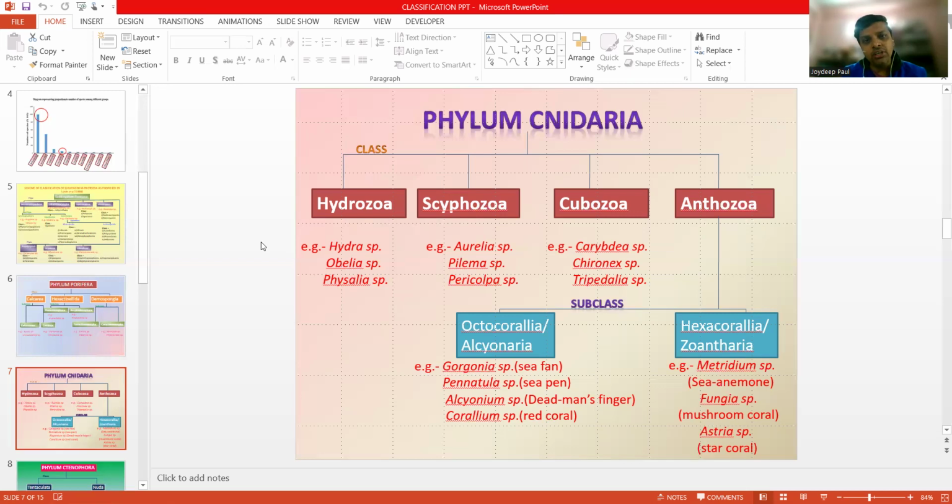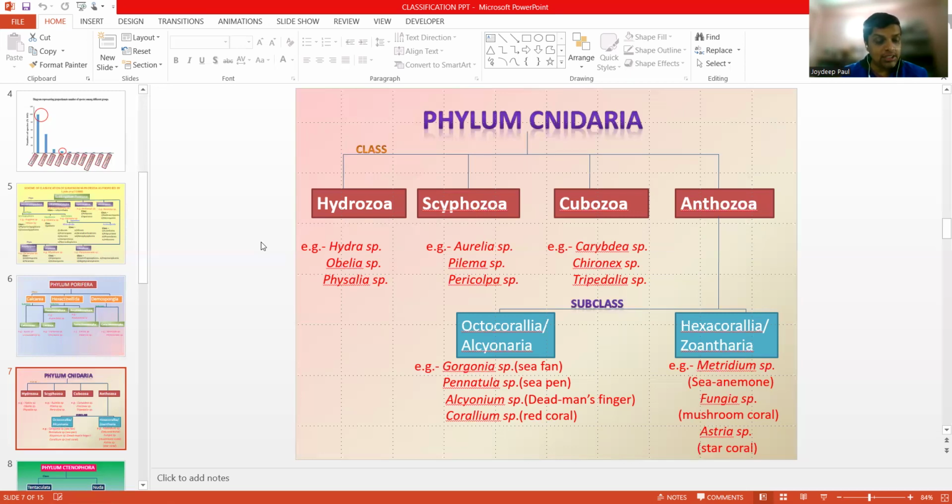Now, before moving into the detailed classification scheme, let us first discuss the general characteristics. The first, definitely the kingdom is Animalia, complexity of organization, metazoa with tissue grade of organization. Habitat, aquatic, mostly marine, few are freshwater forms, example, Hydra.